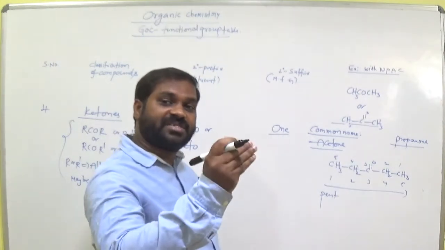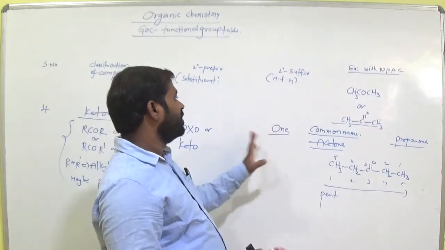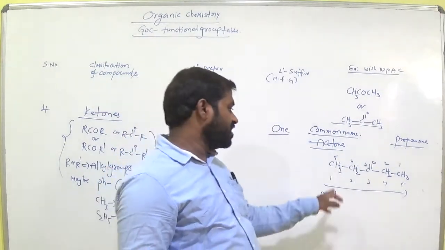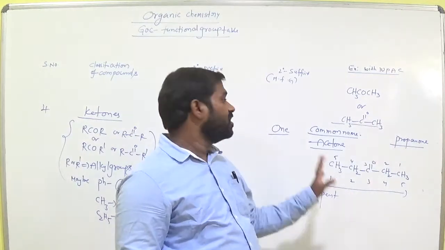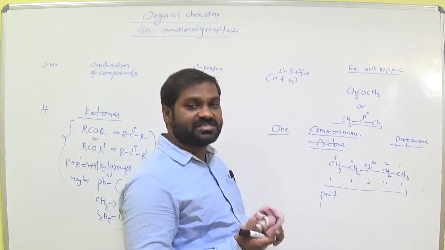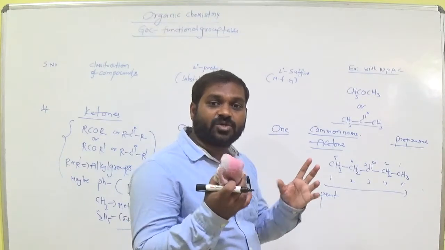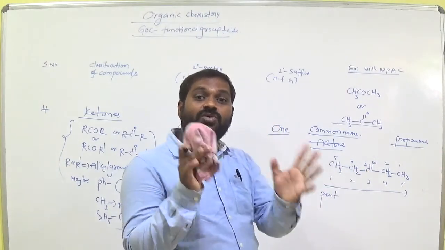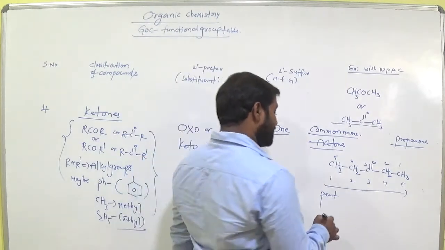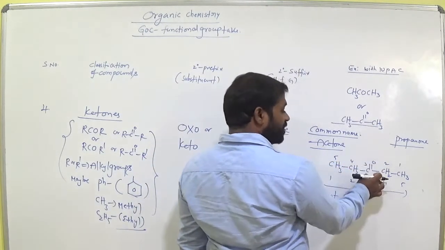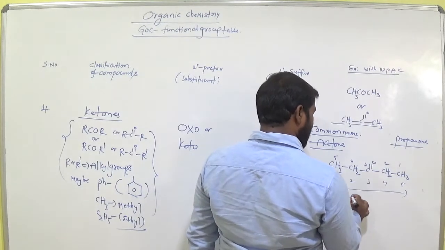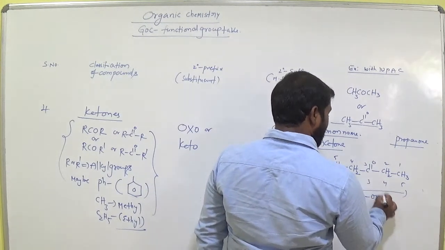Then what is the secondary suffix? The secondary suffix tells about the main functional group, am I right? The primary suffix tells about saturation or unsaturation. So in the main chain all are single bonds, so pentane. What is the main functional group here? Ketone. Then the secondary suffix is one at the end of the name. So pentane plus one. At which carbon is the ketone present? At the third carbon. So pentan-3-one.